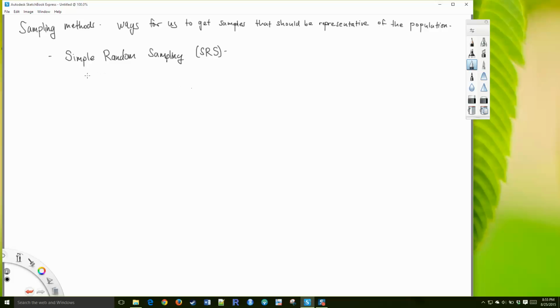So simple random sampling is you have a list of every single person. This is called the sampling frame. Okay.